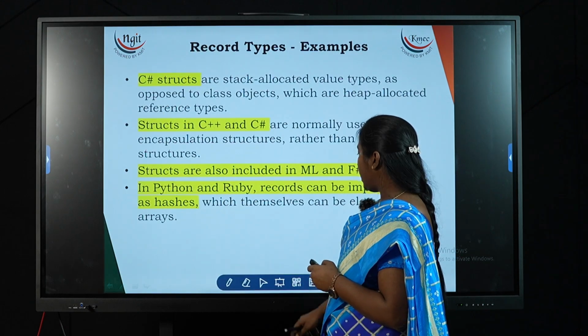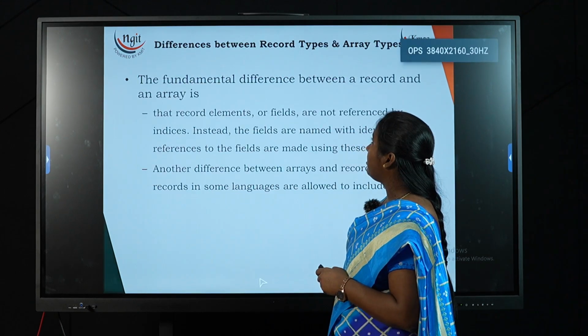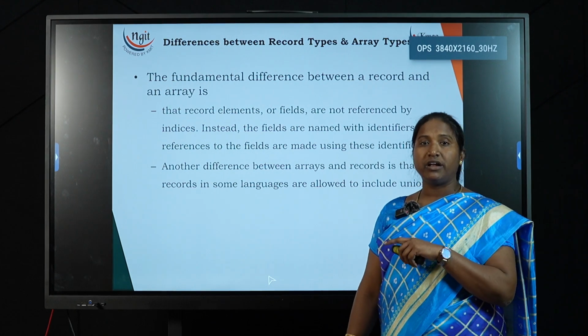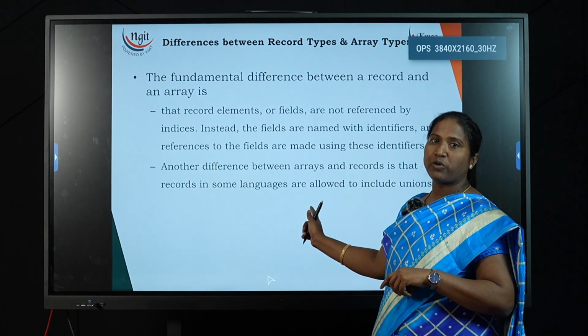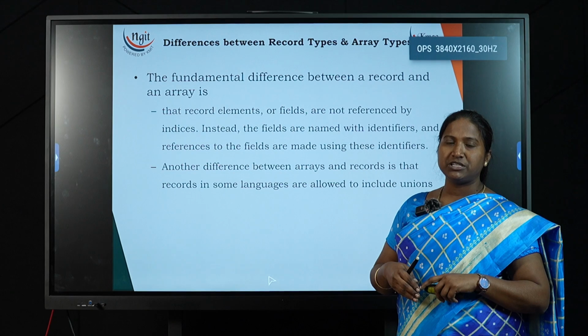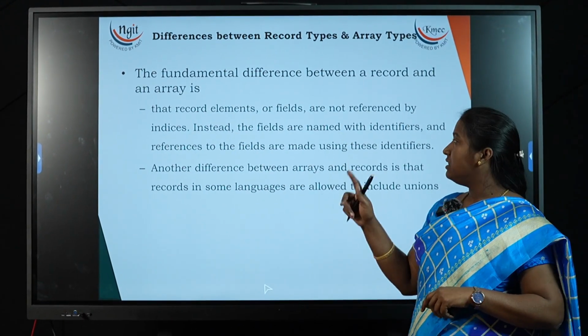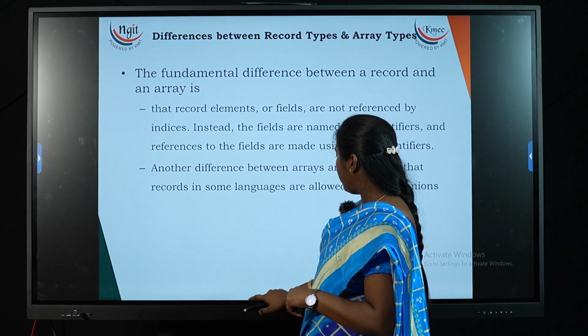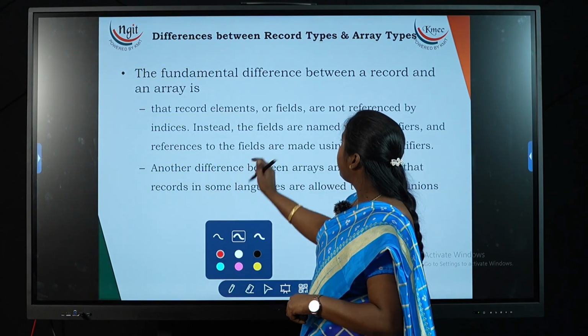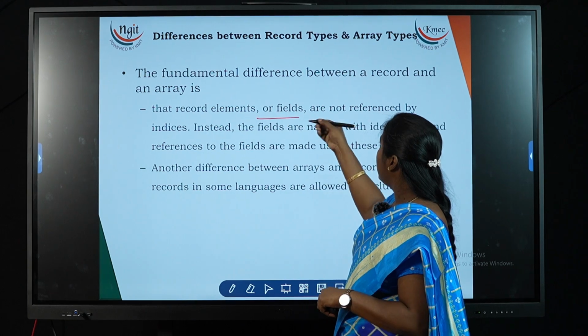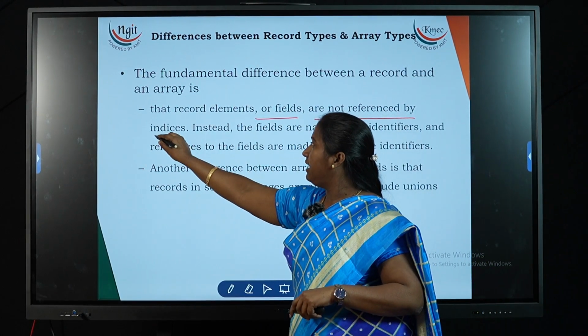Now an important thing: the difference between a record and an array. This is a 2-mark question as far as your end semester examinations are concerned. The first difference is that record elements or fields are not referenced by indices.